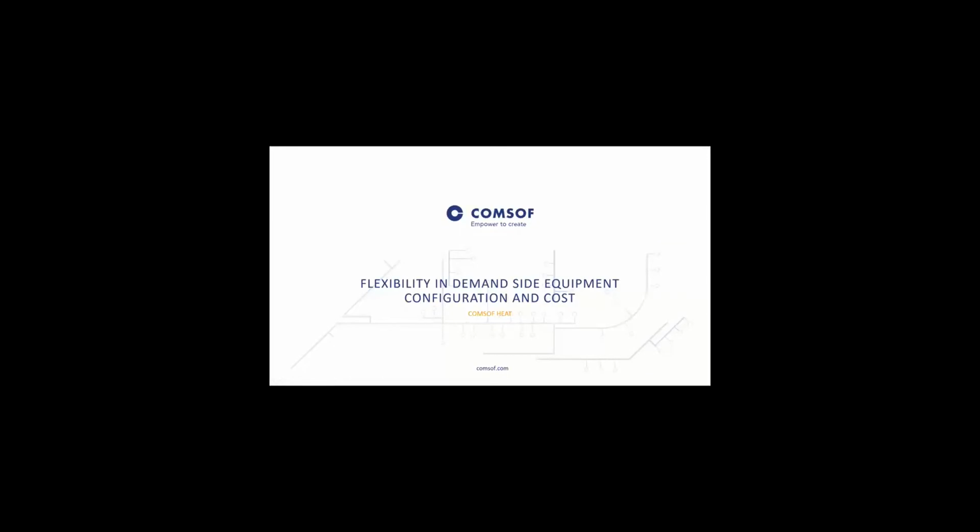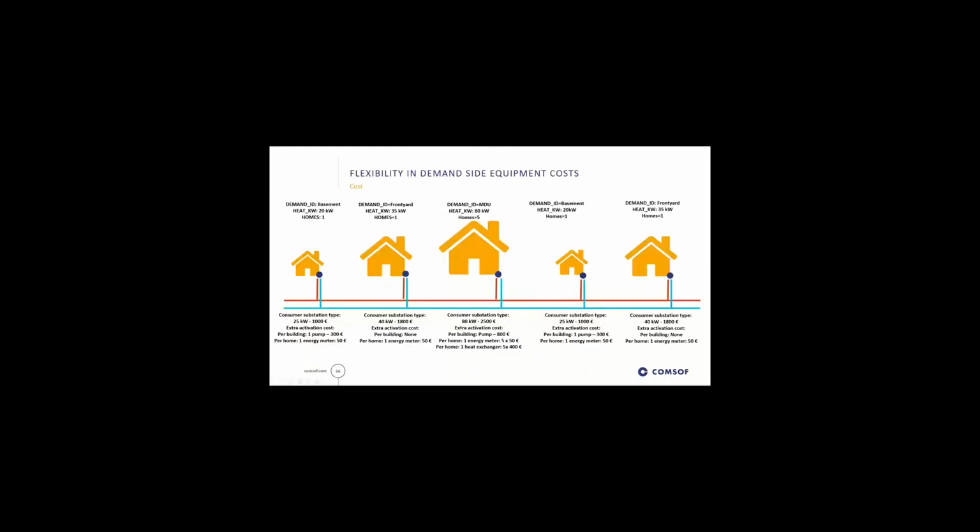The next new feature I'll talk about is the flexibility in the demand side equipment configuration and cost. Here I have different examples of building settings. Again, we have a basement, front yard, MDU. If you look closer, you'll see that they have these different settings.